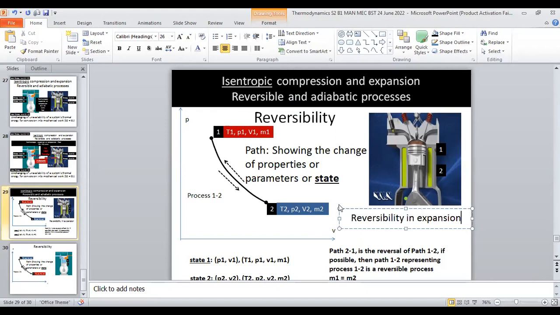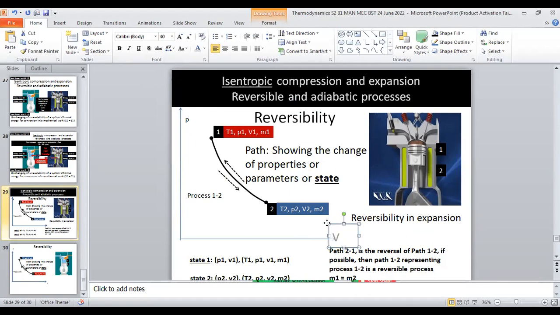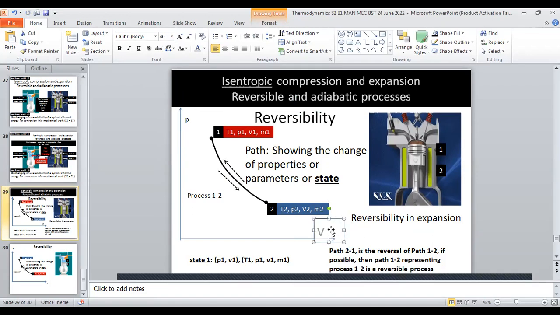Because you can see in the expansion, the volume is increased. So 1 to 2, you can see the V-axis. So this path moves towards increasing V. So when volume increases during the expansion, of course, the pressure reduces.